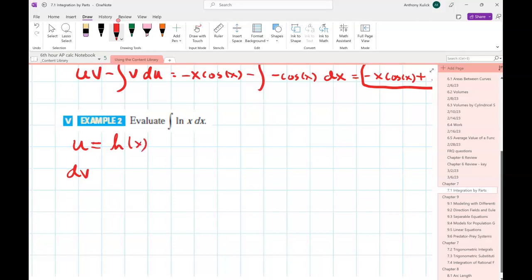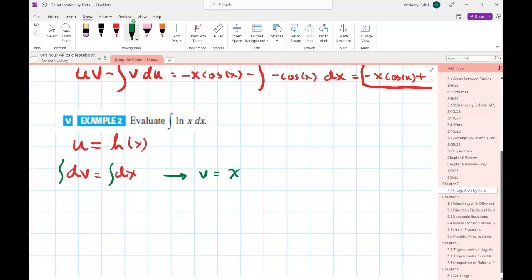And that should be easy because can you differentiate dx? No. So there's that. Yes. So v is really easy. What's v going to be? It's x.